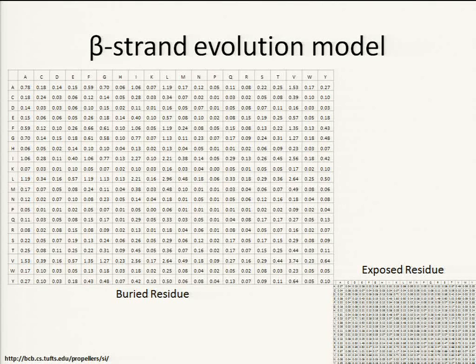Next, the beta-strand mutation model. We use tools by aligning the sequences, and the residue is buried, and again each position has a table for 2 amino acids.